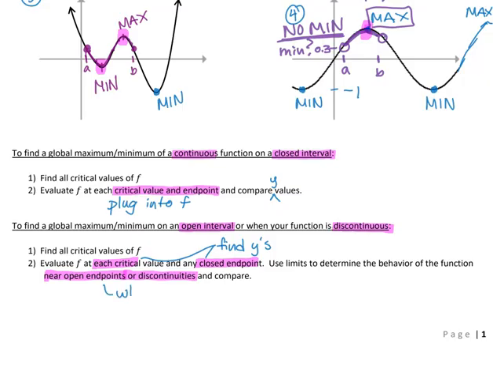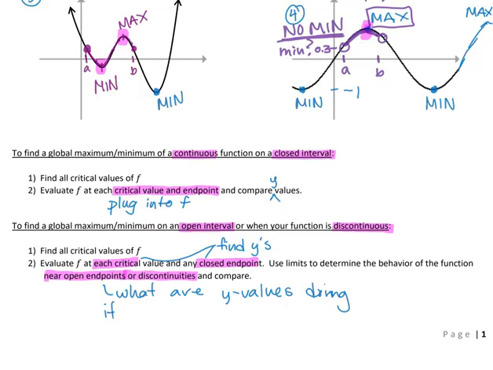So what are y values doing? Okay, and again, to be really clear, this second part of this step is not to find a global maximum or minimum, it's to say whether or not we even have a global maximum or minimum.